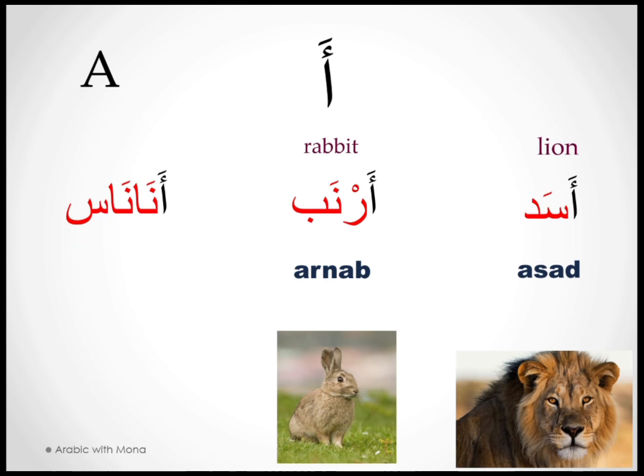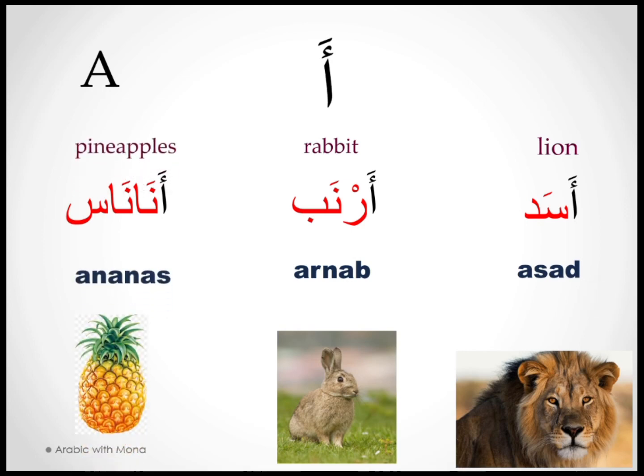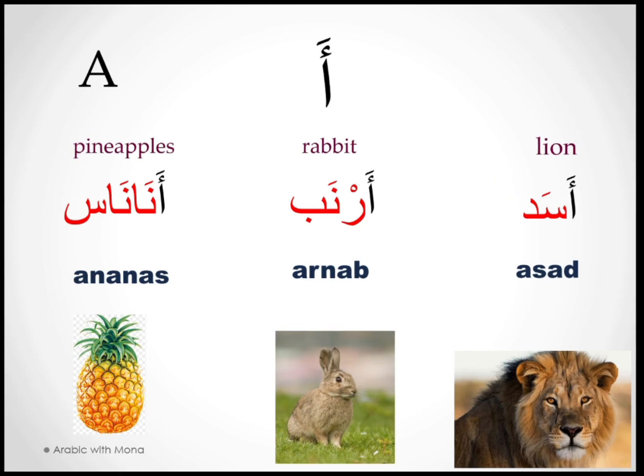Ananas, pineapples. It is not very critical to memorize all these words, but it is very important to know how to read the letter Alif and to memorize its shape and pronunciation in the word.